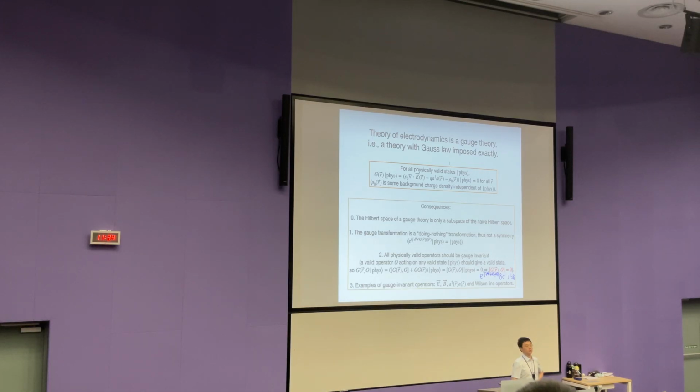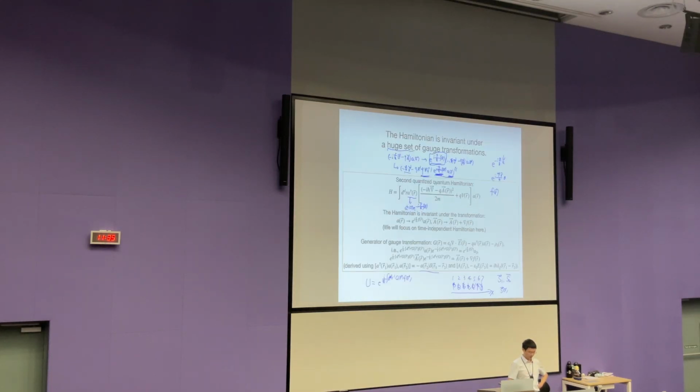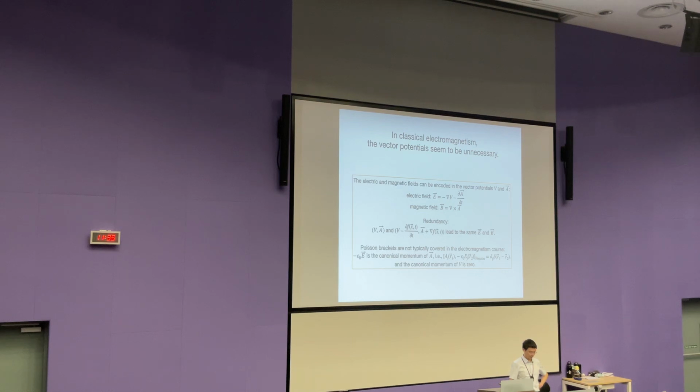This is more obvious from the Lagrangian formulation of electrodynamics. In the Lagrangian description, you can figure out the canonical momentum of each variable. You will see that the canonical momentum of V is just 0. The time derivative of V doesn't appear in the Lagrangian at all. Instead, V is multiplied with the Gauss law.